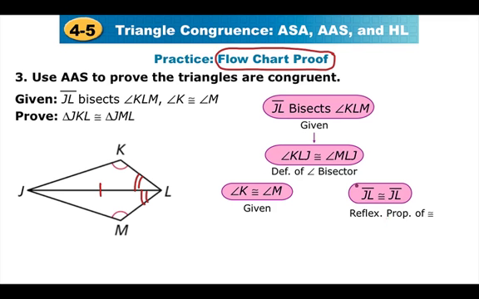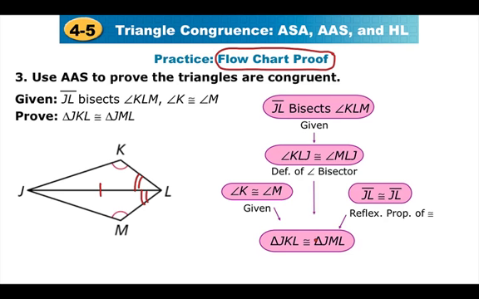Now, this is what happens next. At this point, you're going to put all these three statements together, and this is where you're able to generate that triangle JKL is congruent to triangle JML, which is what you're trying to prove.